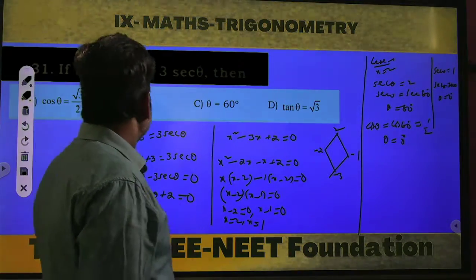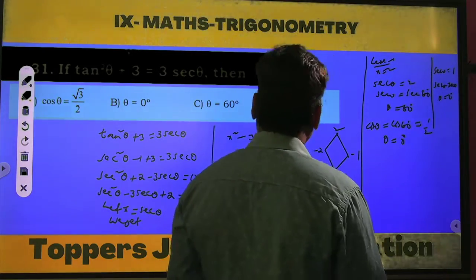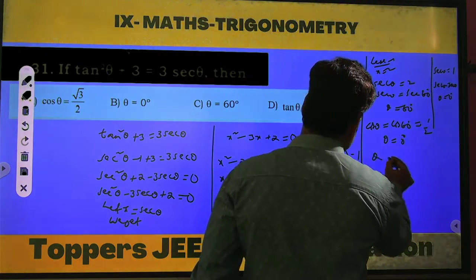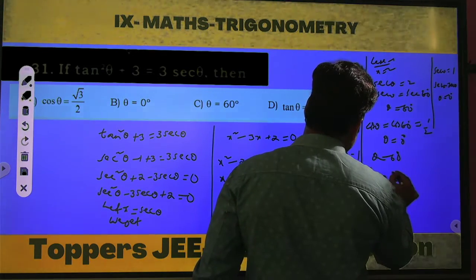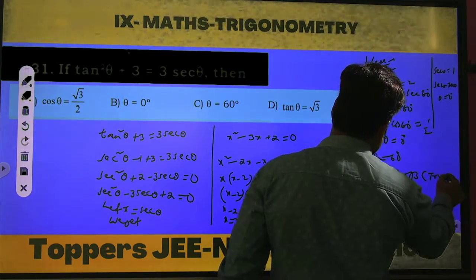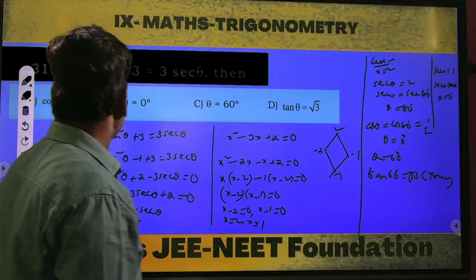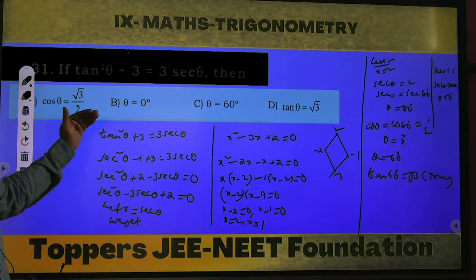Next, theta 60 degrees is also correct? Tan theta is equal to, suppose if you take 60 degrees, tan 60 is root 3. Let us check for theta 60 degrees.